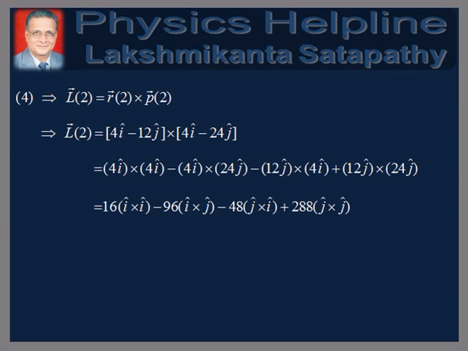Here we perform the cross product term by term, which on simplification gives 16 into i cap cross i cap minus 96 into i cap cross j cap minus 48 into j cap cross i cap plus 288 into j cap cross j cap.